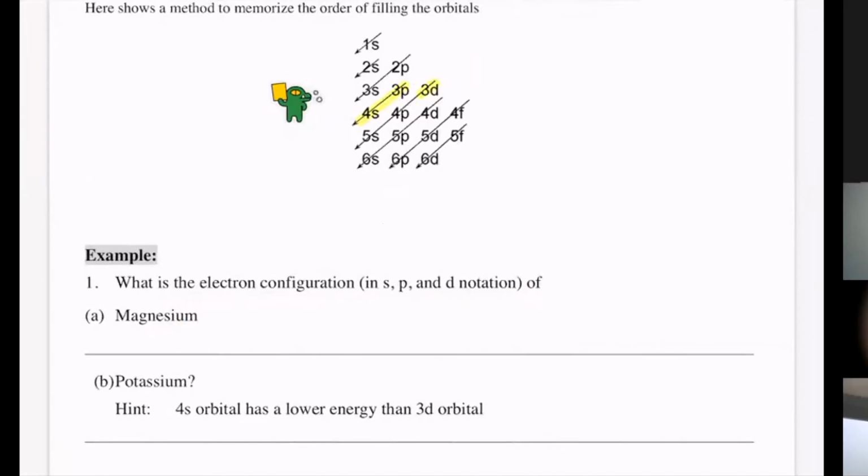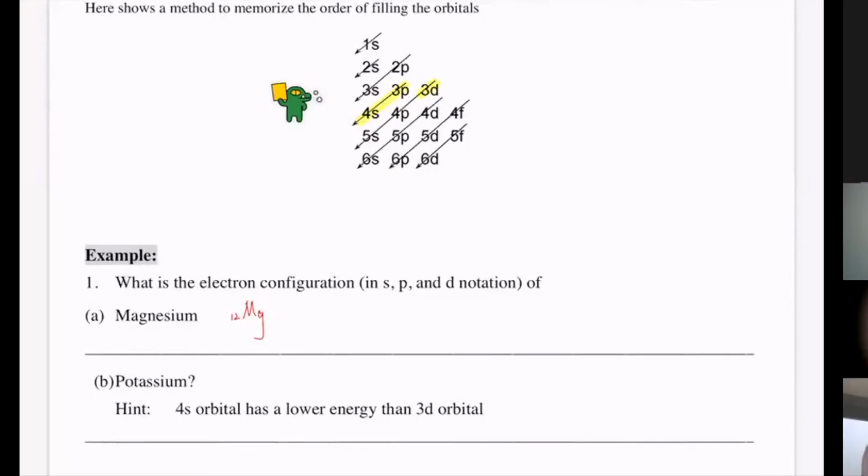Okay, so magnesium has 12 protons. The atomic number for magnesium is 12. So what's the electron arrangement in terms of the shell? Right, so how many electron shells does magnesium have?